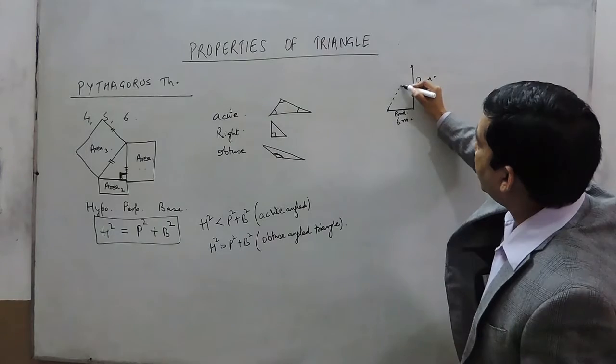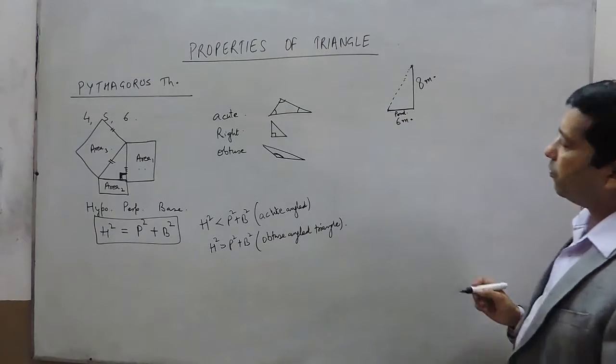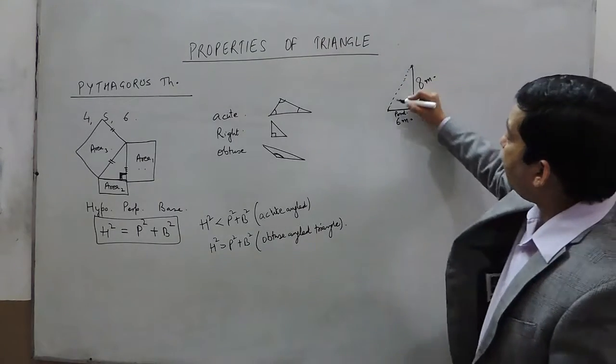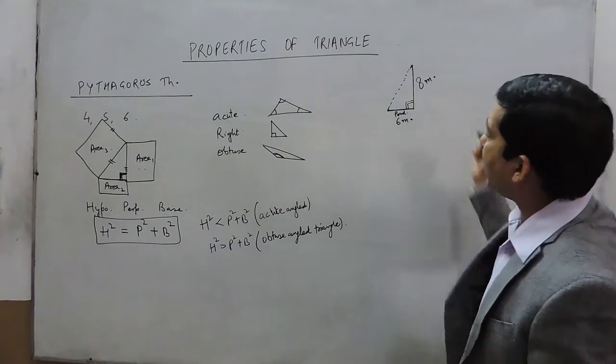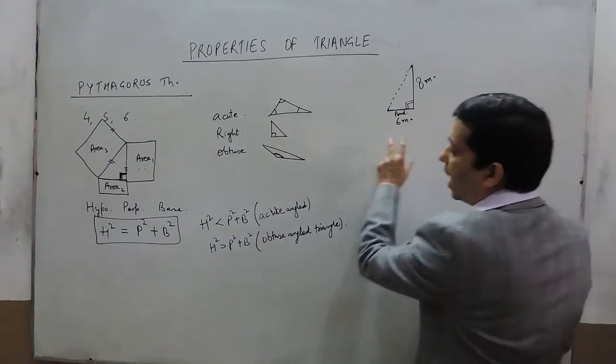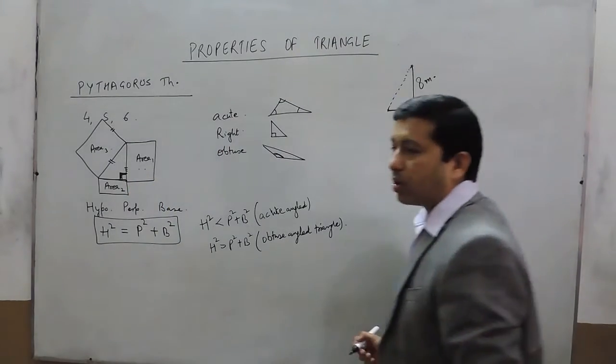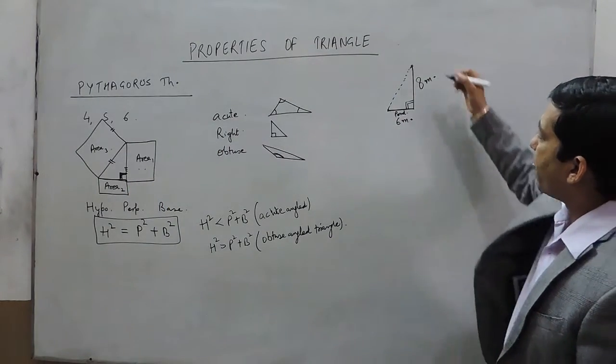So what length of ladder do we want? We already know that this angle is 90 degrees. That means Pythagoras theorem is applicable.